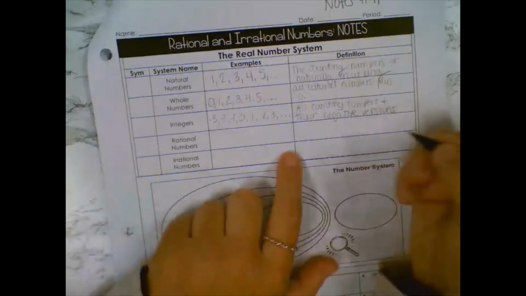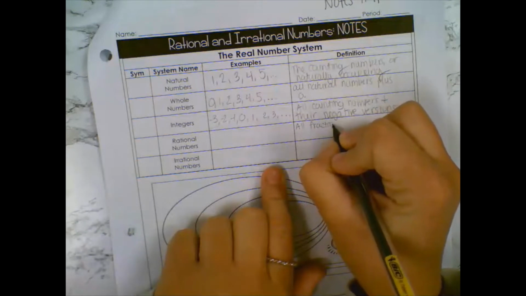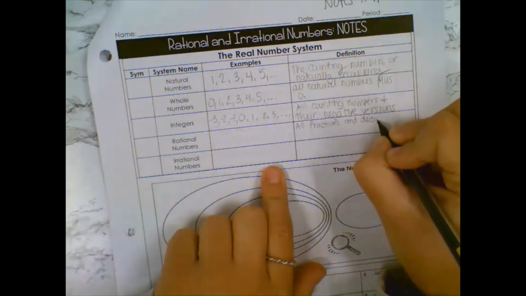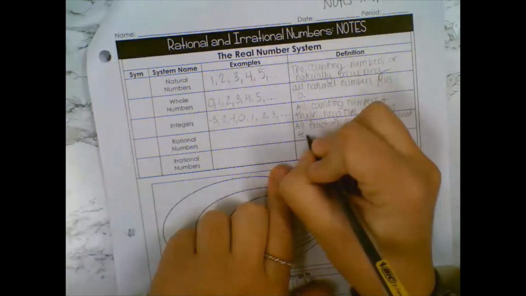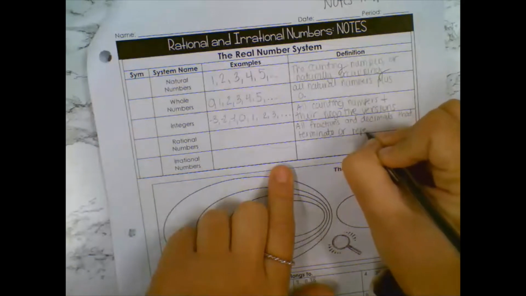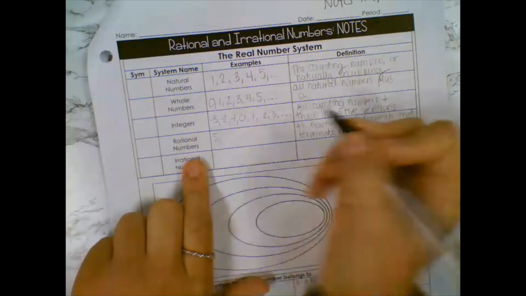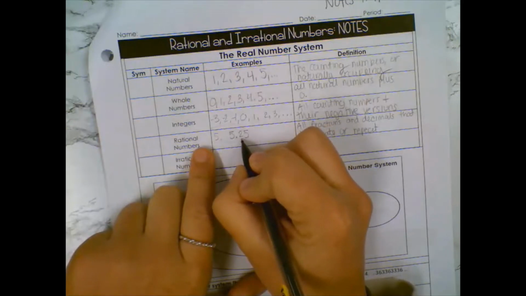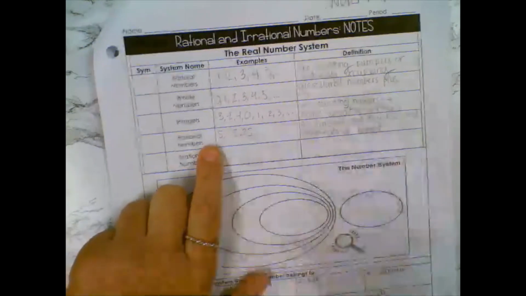It would include all fractions and decimals, but a very specific type of decimals: all decimals that terminate or repeat. So we have all of these naturally occurring numbers. Yes, 5 is technically a rational number, but so is the number 5.25 because it's a decimal that terminates. Terminating means you don't have a dot, dot, dot, and you don't have a bar above it.